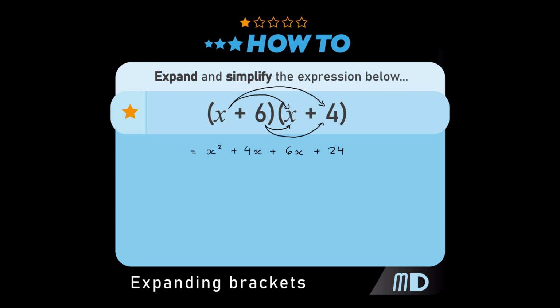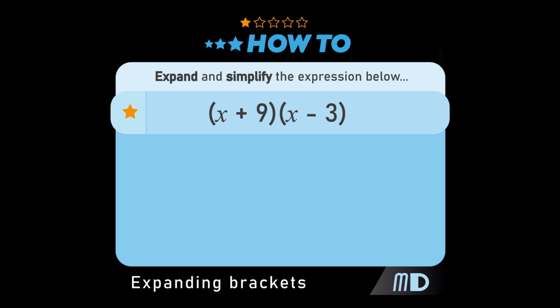The expanded expression is therefore x squared plus 4x plus 6x plus 24, and 4x plus 6x is equal to 10x. So the simplified expression is x squared plus 10x plus 24.